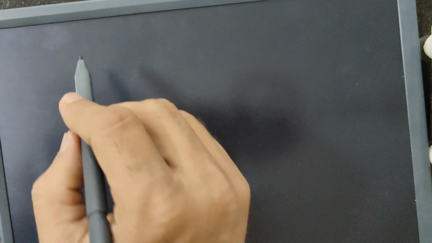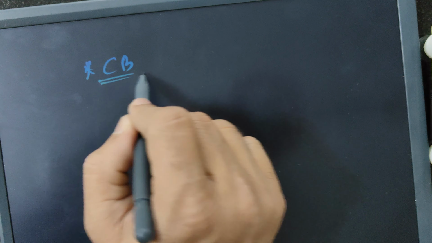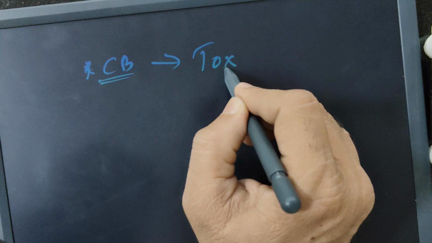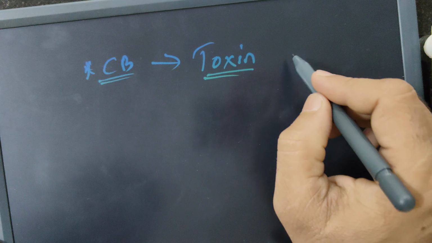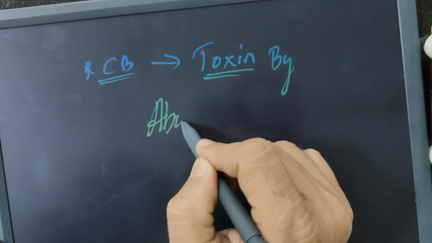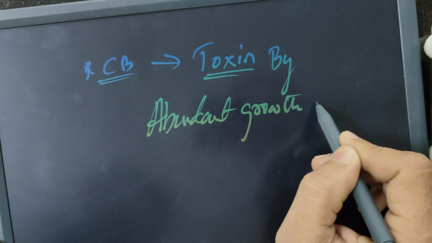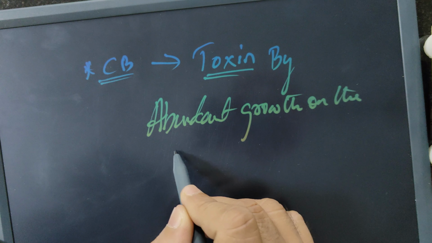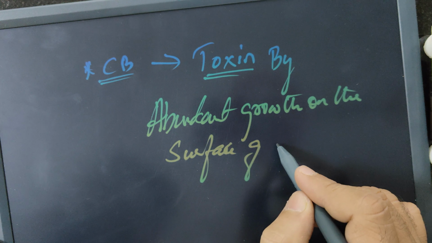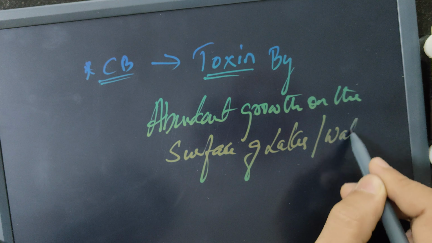At the same time, there are certain cyanobacteria which are capable of secreting toxins by abundant growth on the surface of lakes and other water bodies.